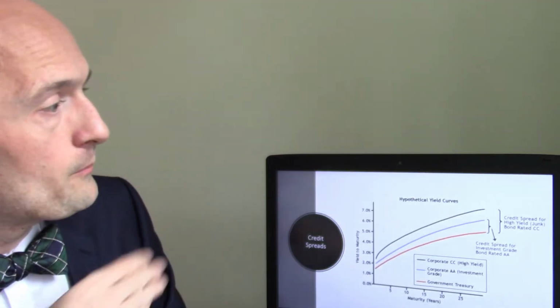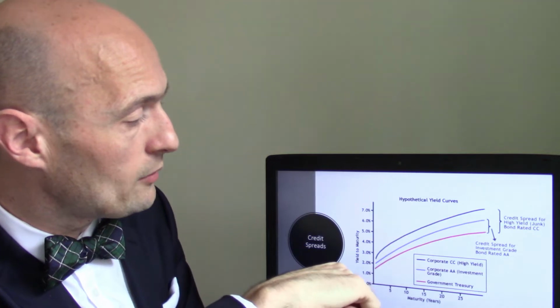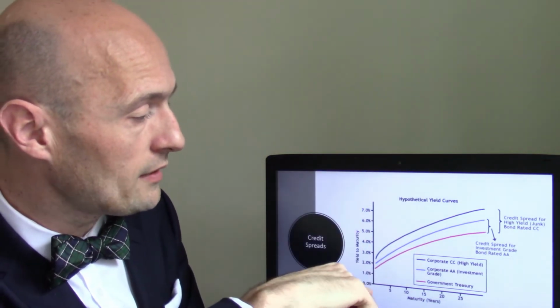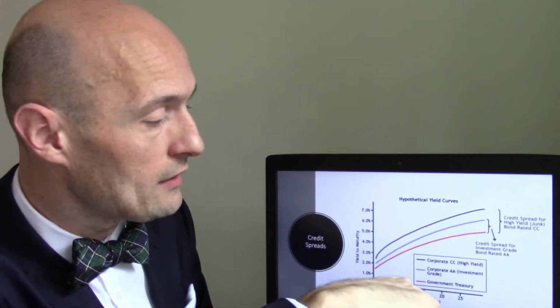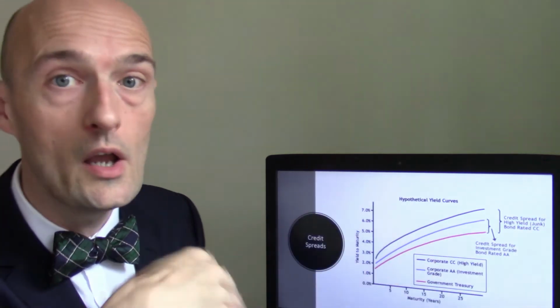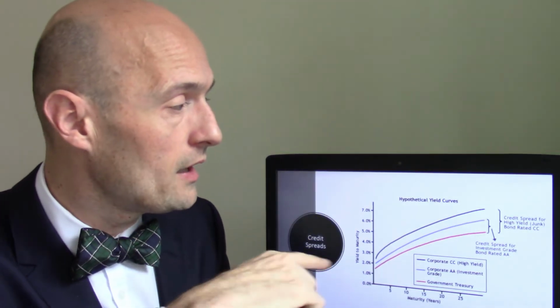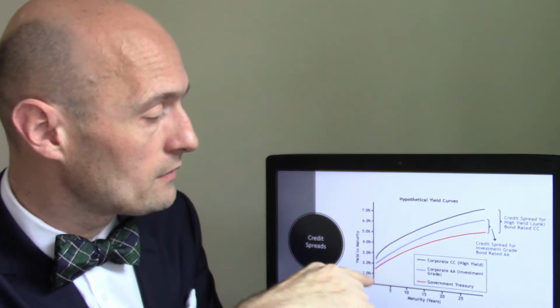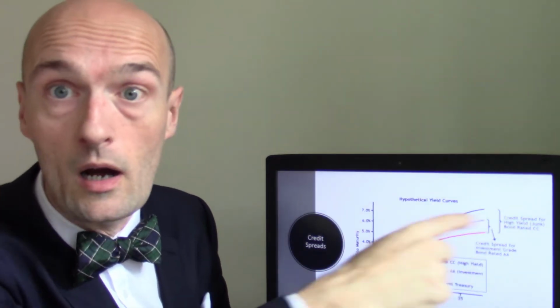So, yield curve. Here is just a yield curve. We have yield to maturity of bonds on this axis, and on this axis we have number of years: 5, 10, 15, 20, 25. Usually under normal market circumstances, the term structure of interest rates will slope upwards like this.